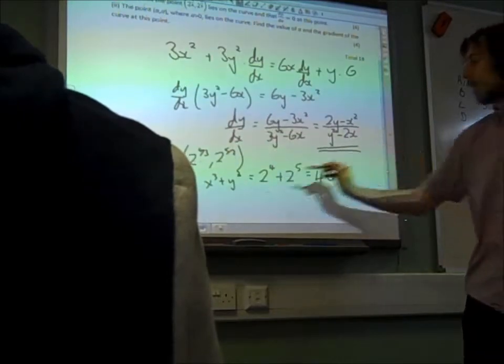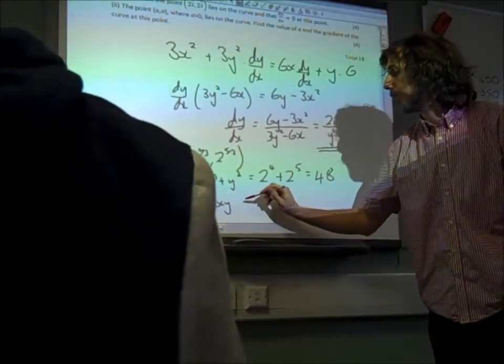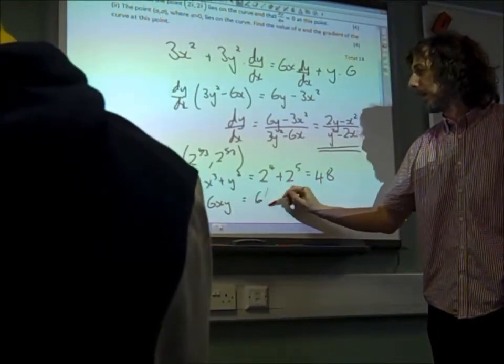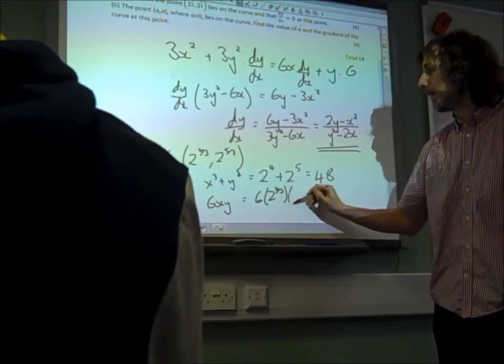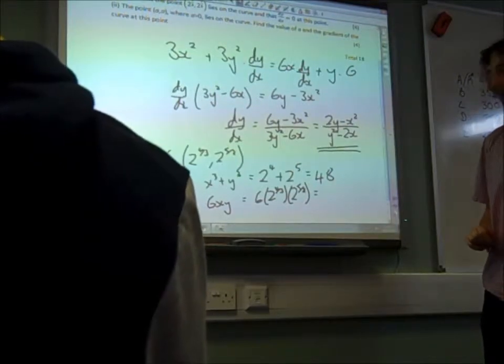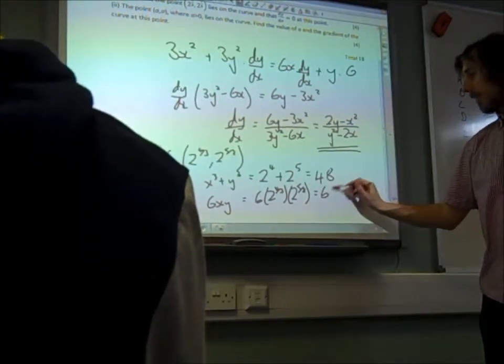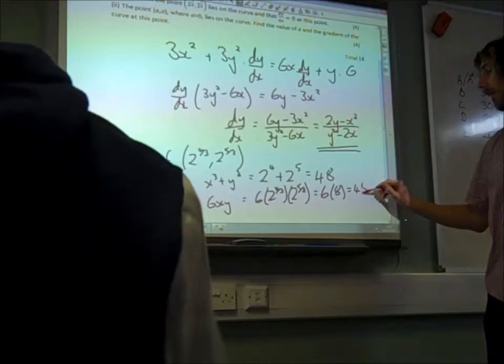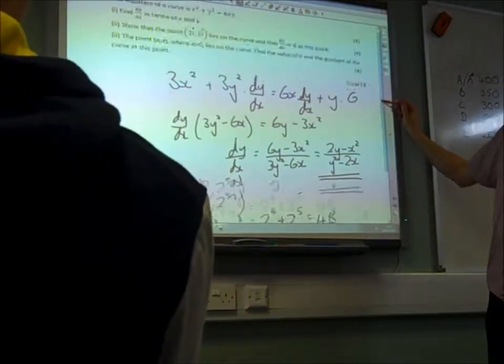And 6xy would be 6 times 2 to the 4 thirds times 2 to the 5 thirds, which is 6 times 8, which is 48. So it is on the curve.